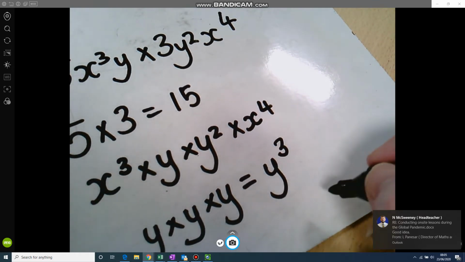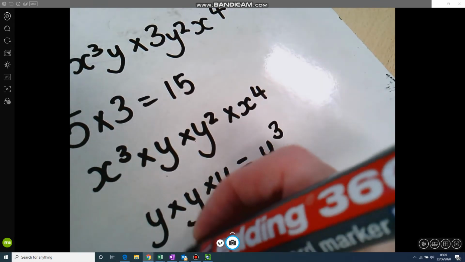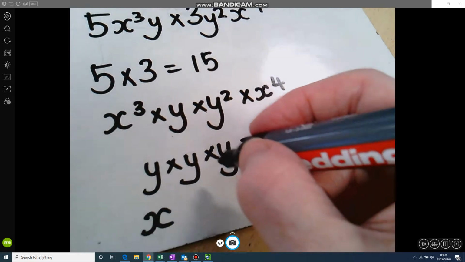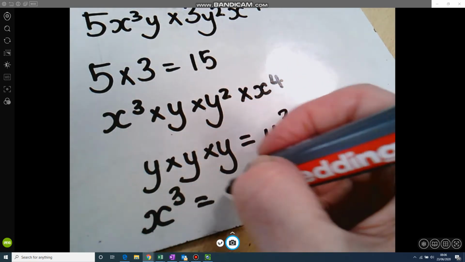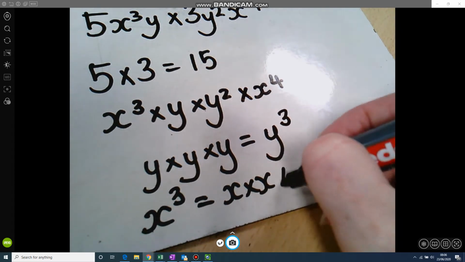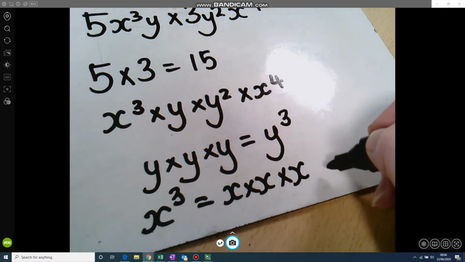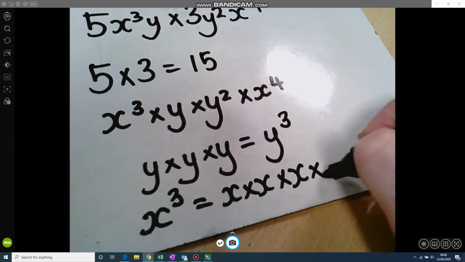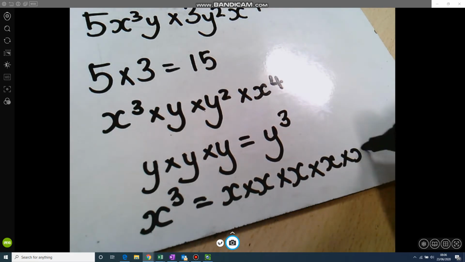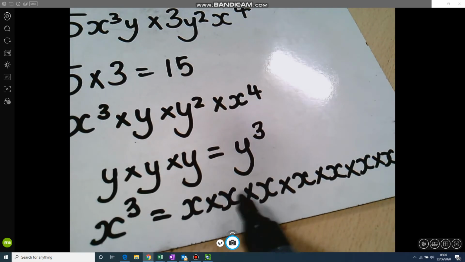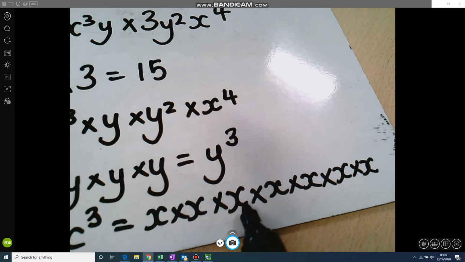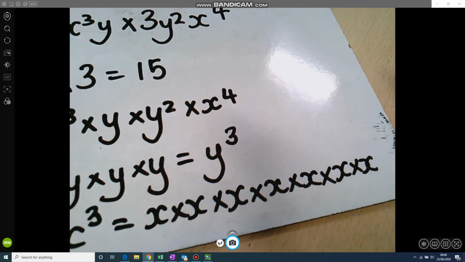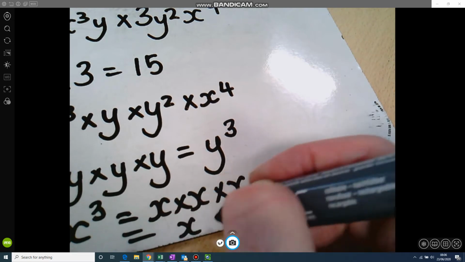So now we have x to the power 3, which equals x times x times x, multiplied by x to the power 4, which equals x times x times x times x. Well, how many do we end up with? 1, 2, 3, 4, 5, 6, 7. So that equals x to the power 7.